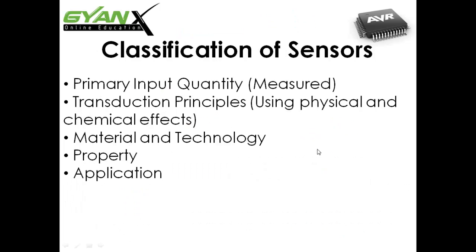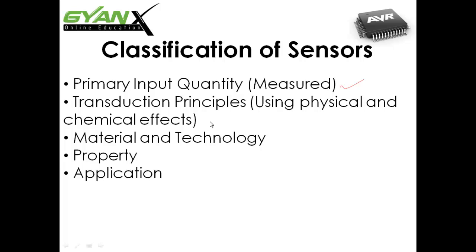Next we are going to see the classification of sensors, in which types we can classify the sensors. The first classification depends upon the primary input quantity, meaning what type of input we want to give to the sensor. Then the transduction principle, using physical and chemical effects, like temperature sensor, moisture sensor, or smell sensor.